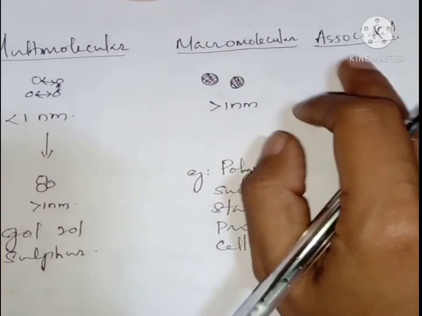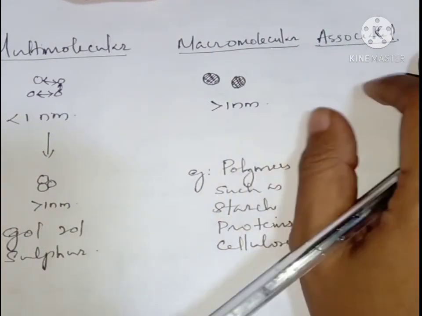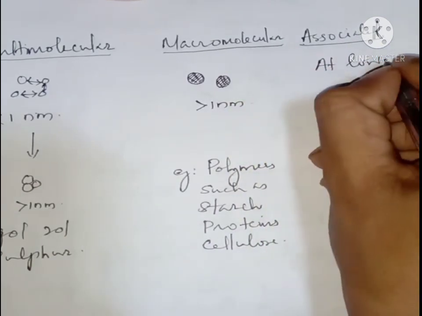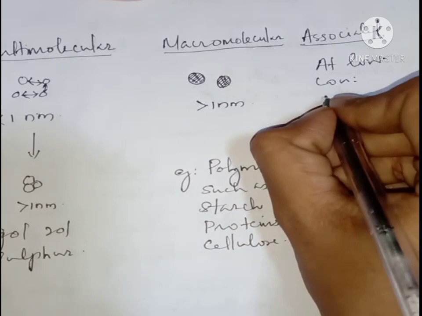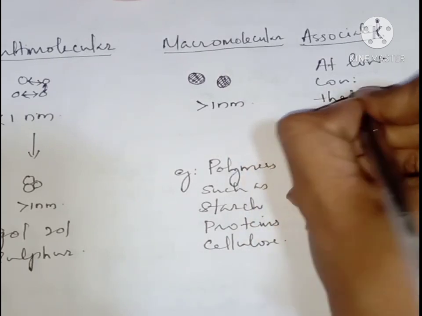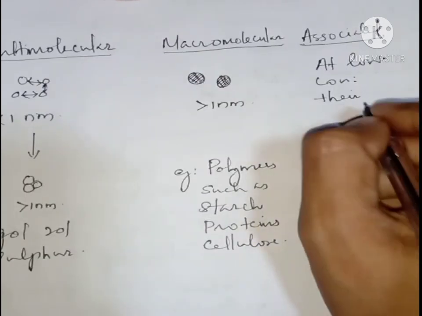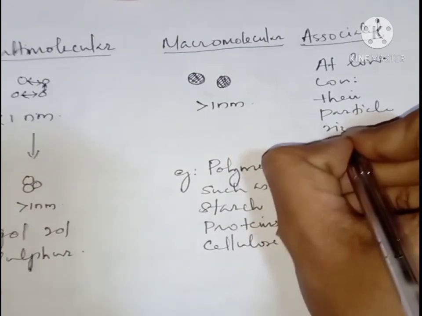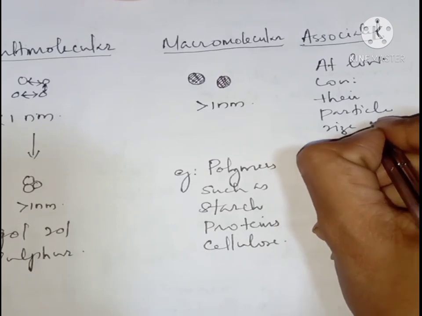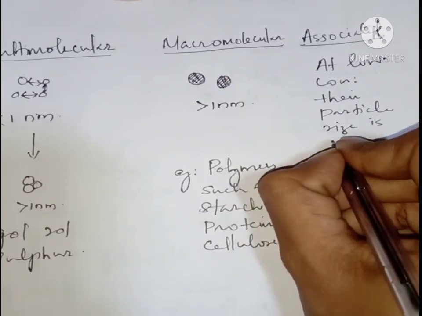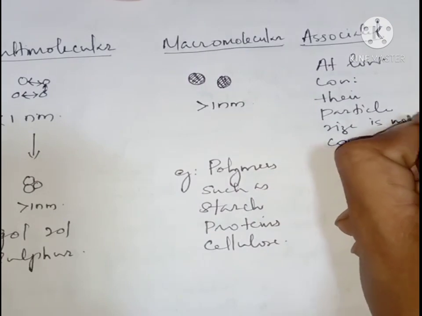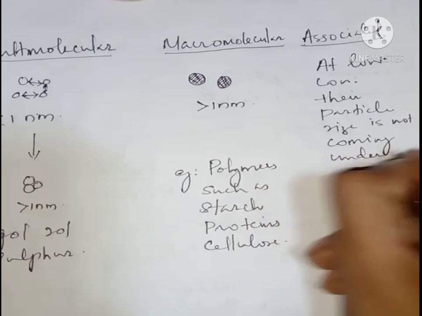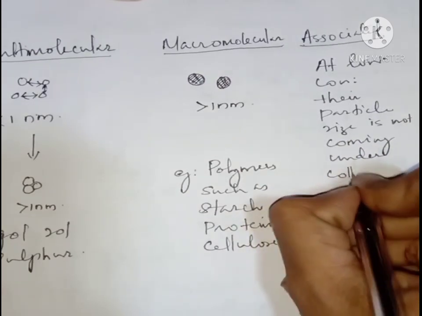Then, associated colloids. Associated colloids means at low concentration, their particle size is not coming under colloidal dimension.